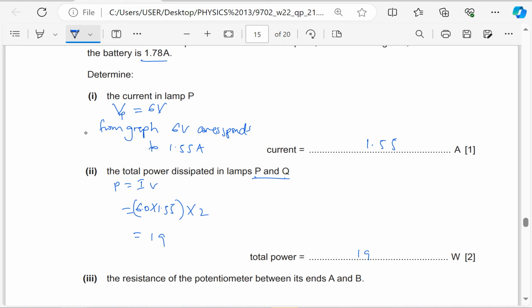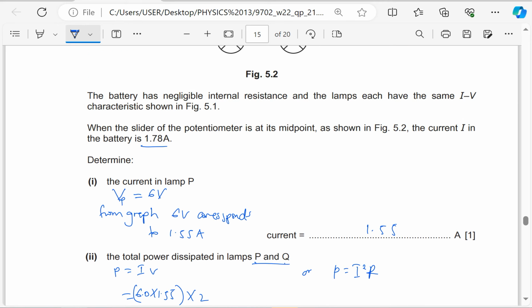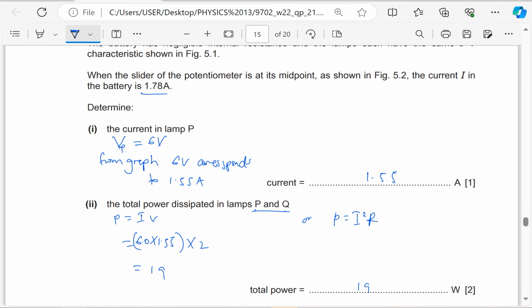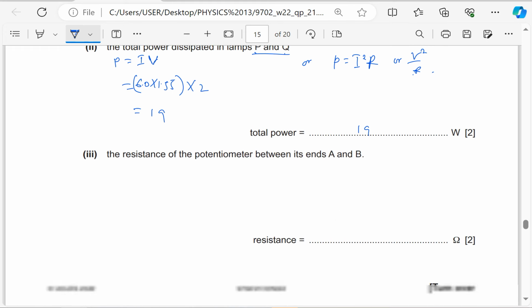So total power is 19. Alternatively, you can find the power from I squared times R, if I have the resistance, but finding the resistance would take me more time because I don't have it. Or you could use V squared over R. But this is direct: I times the PD across is the power.